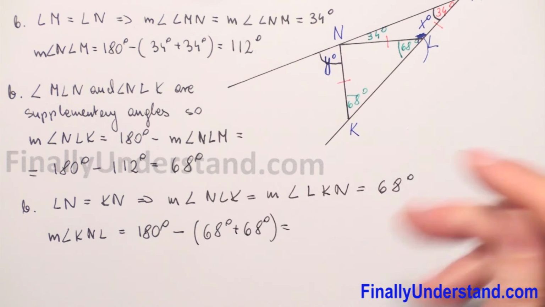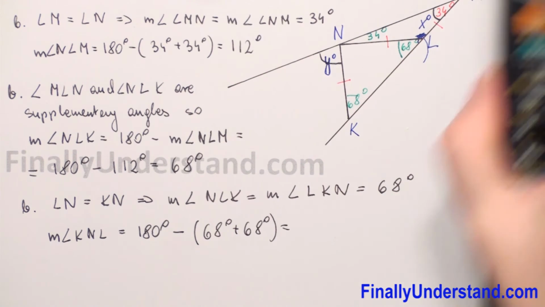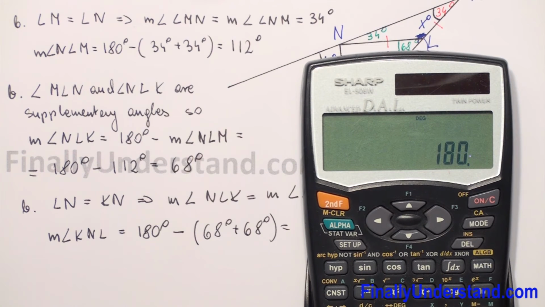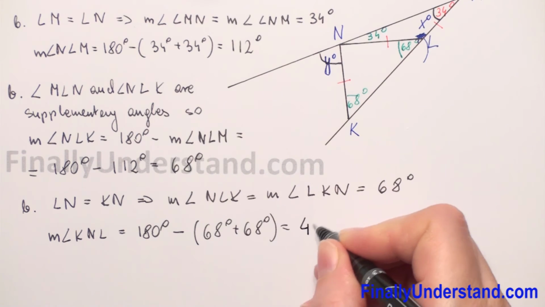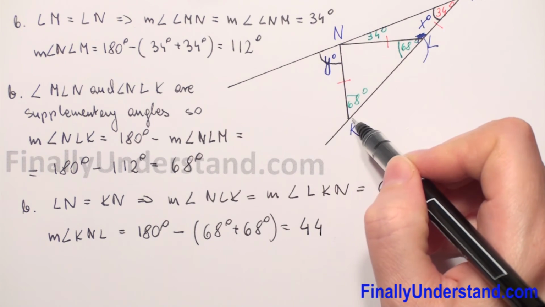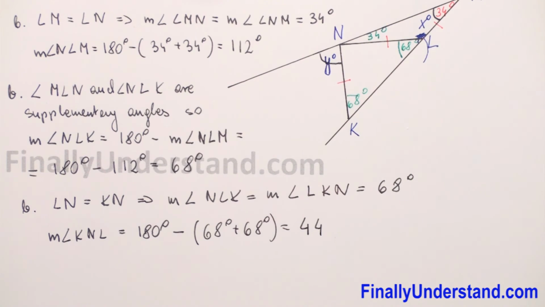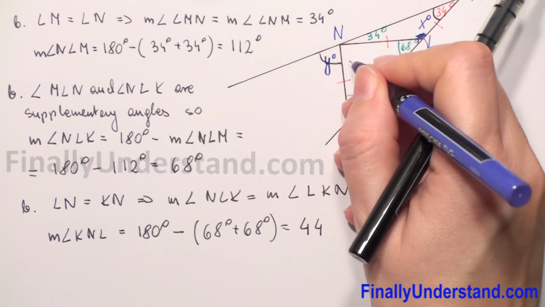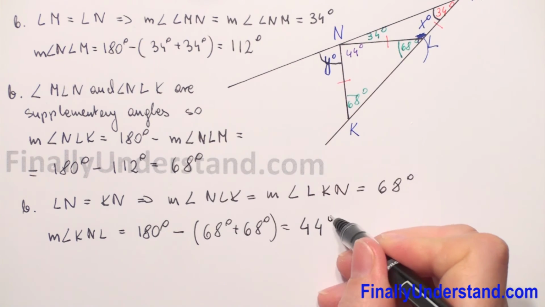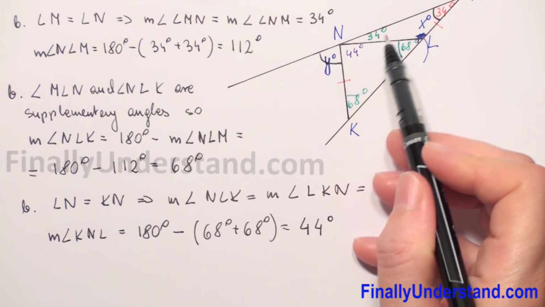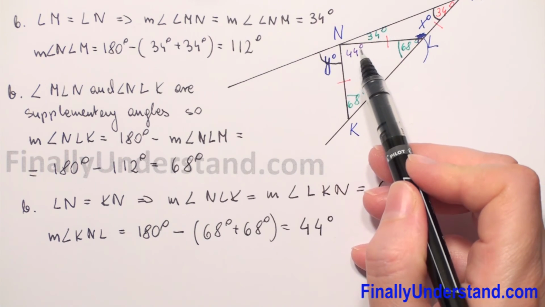And when we subtract 68 times 2 from 180, we have the measure of angle KNL. So this angle is 44 degrees, and we see that here we have supplementary angles.